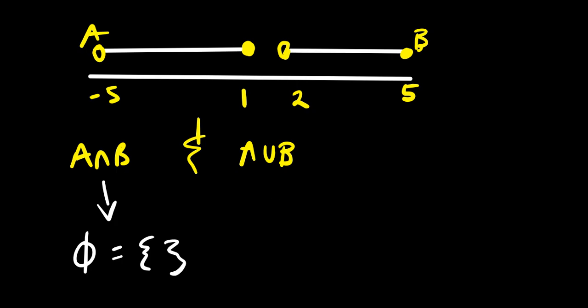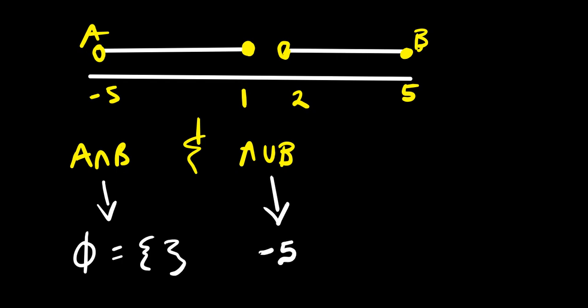Then what about our A union B? For A union B, you are combining what is in A and what is in B. For an interval, you always start from the smallest to the largest. So we start at -5.